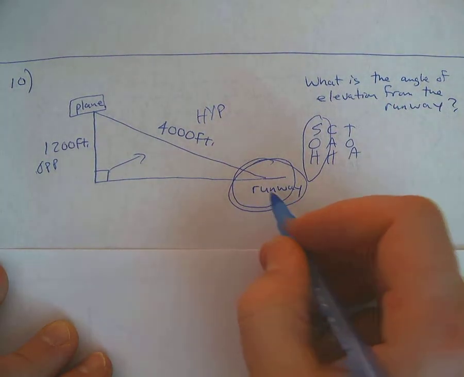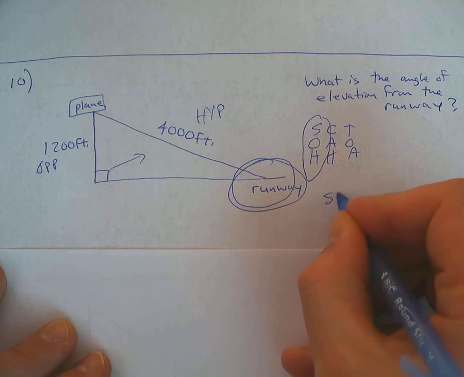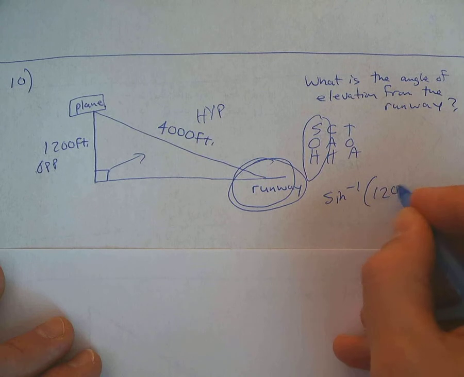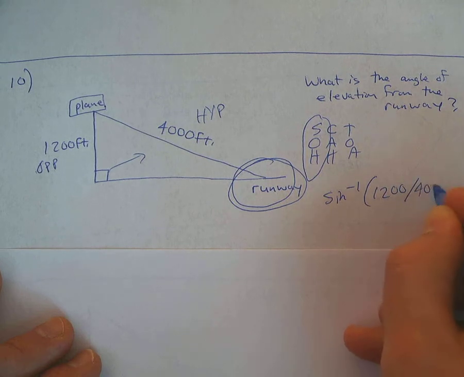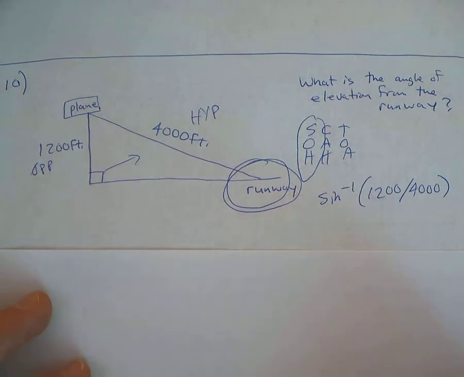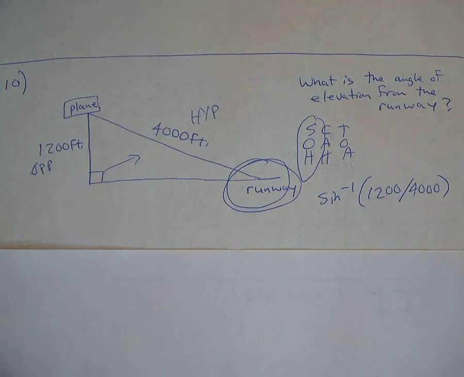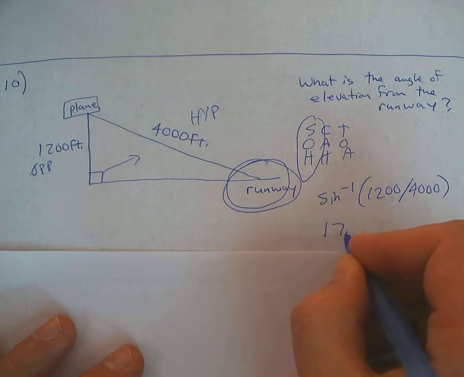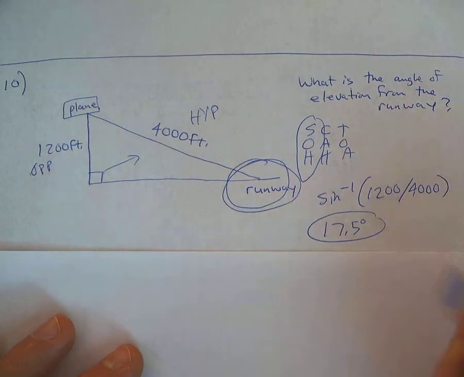Now I don't know the angle, so I'm going to take the inverse sine of opposite over hypotenuse, 1,200 divided by 4,000. And let's try that out in our calculators. Take the inverse sine of 1,200 divided by 4,000. And we get the angle is about 17.5 degrees. That's the angle of elevation.